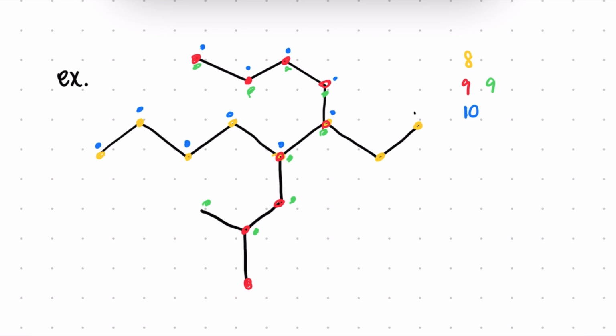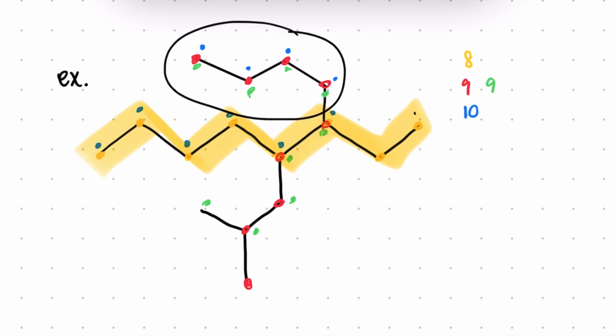Now, when we're considering our 8-membered chain, which is this, we've got 2 substituents. One is this, and the other is that. So we've got 2 substituents. Okay, I'm going to make a note of that right here.